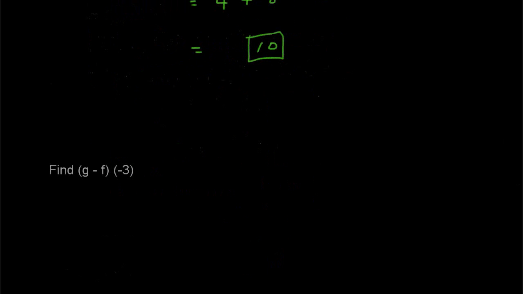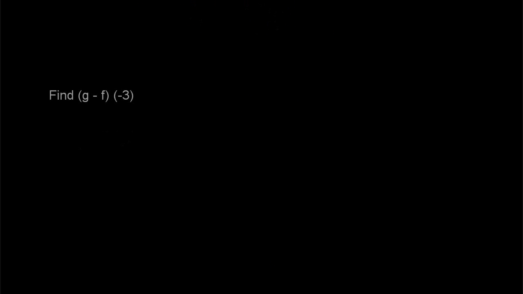The third and final problem is a subtraction, and we're supposed to find what g subtract f of negative 3 is. So let's see if you could do that on your own.